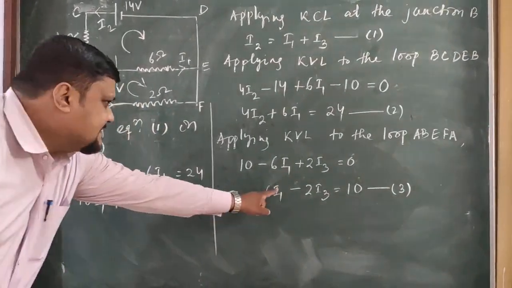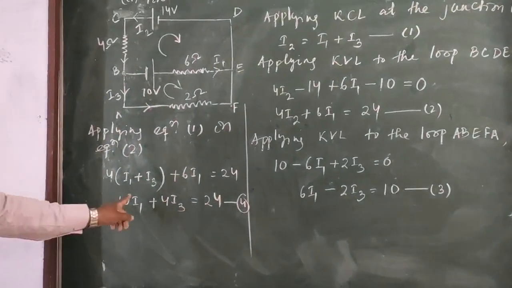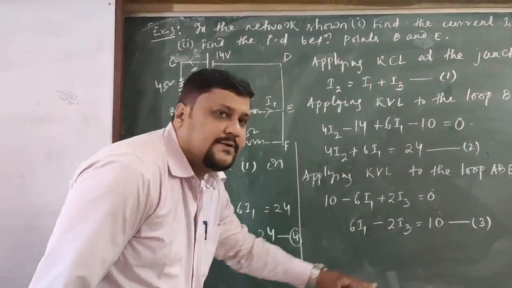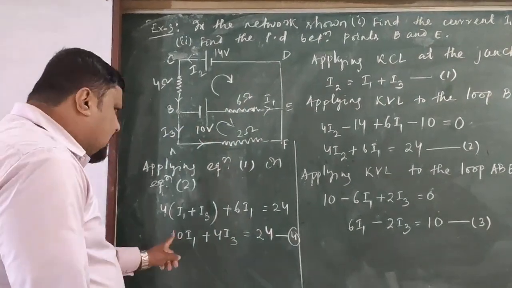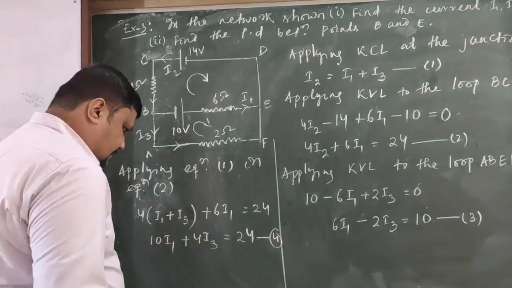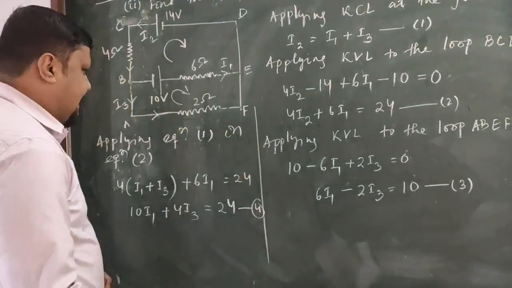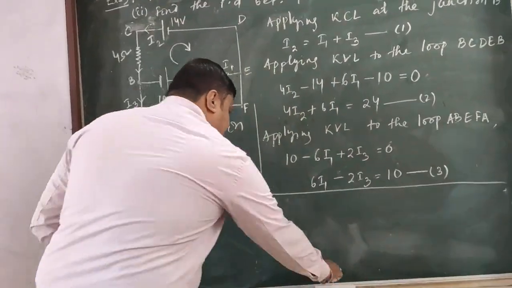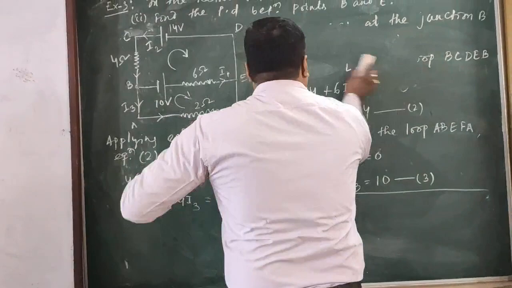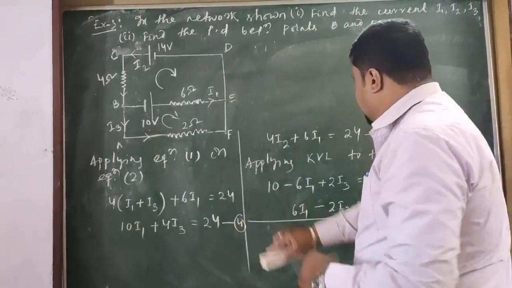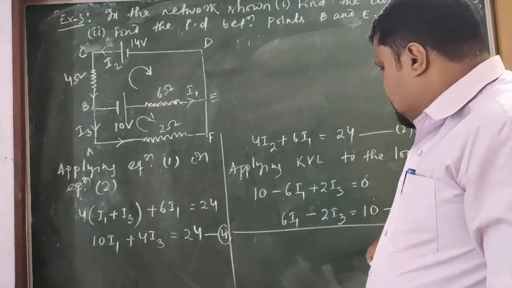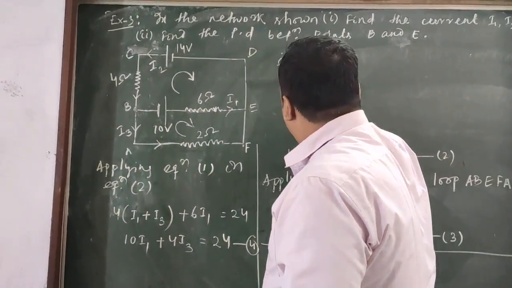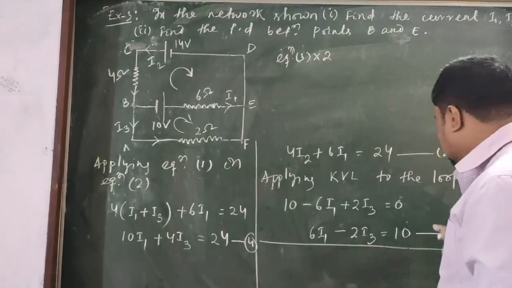Now see here, equation 3 and equation 4. From here, you have an expression in I1 and I3. Now you can solve this one. So how to solve this one? From equation 3, multiply by 2 on both sides of equation 3.